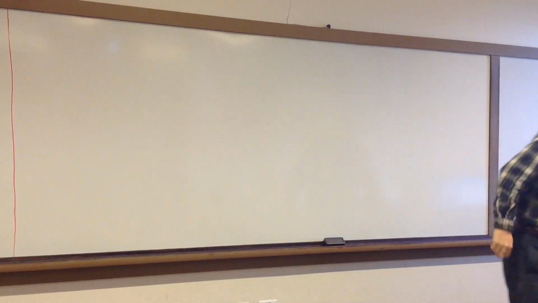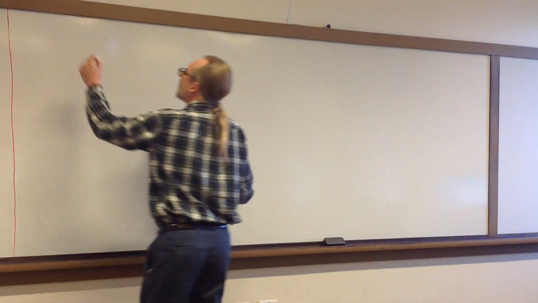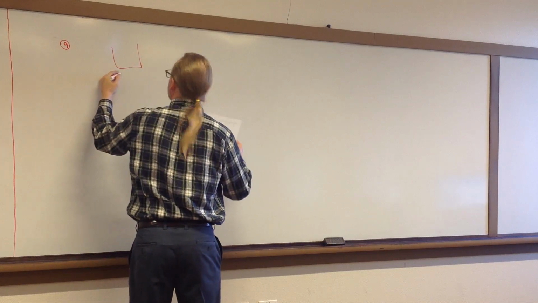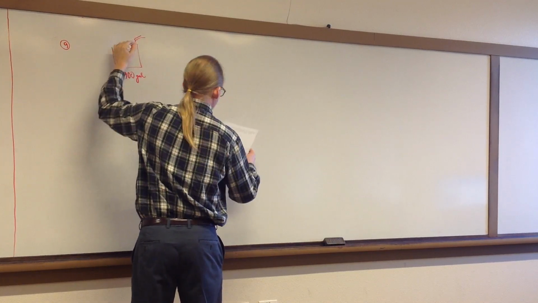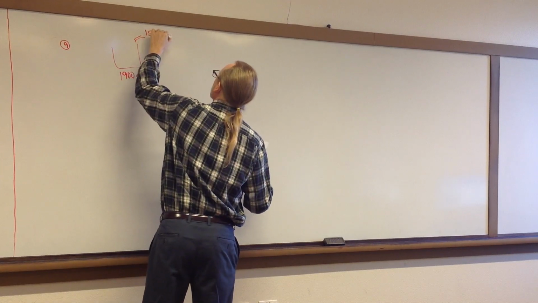Okay, problem 9. This is the word problem where we're working to fill a tank by running 2 different spigots into it. So we've got this tank that we know is 1,900 gallons. We're running one spigot that is 15 gallons per hour.